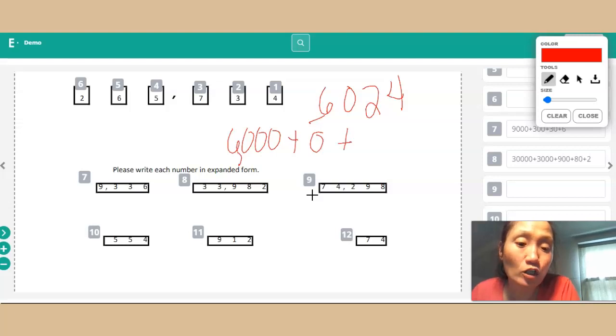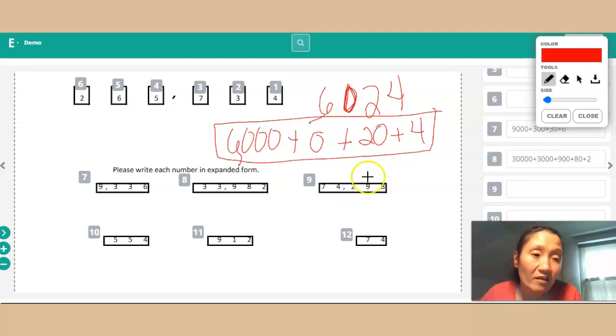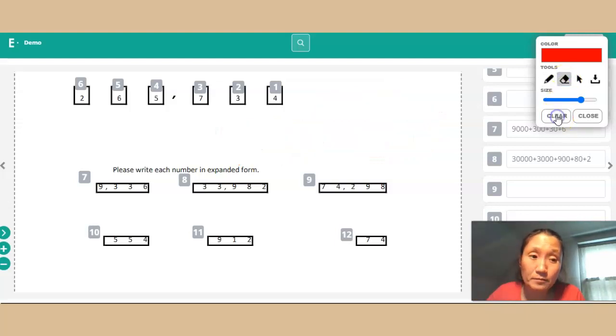Plus, I have 2 groups of 10 for 20, plus 4 groups of 1 for 4. So my expanded form would be 6,000 plus 20 plus 4. If there is nothing in the place, if there's a 0, that means there's no groups there. That means 0 groups. Okay?